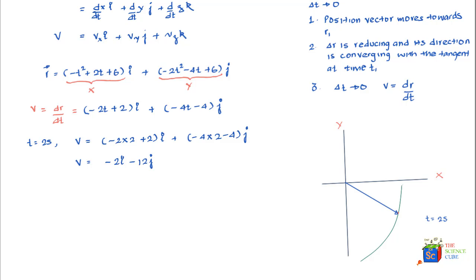So in the x direction your velocity would be this, and in the y direction it would be this. This vector is minus 2 meters per second, and this vector is minus 12 meters per second.